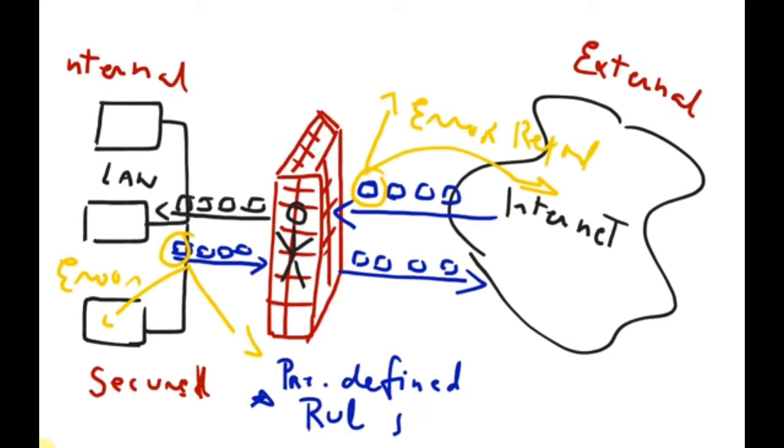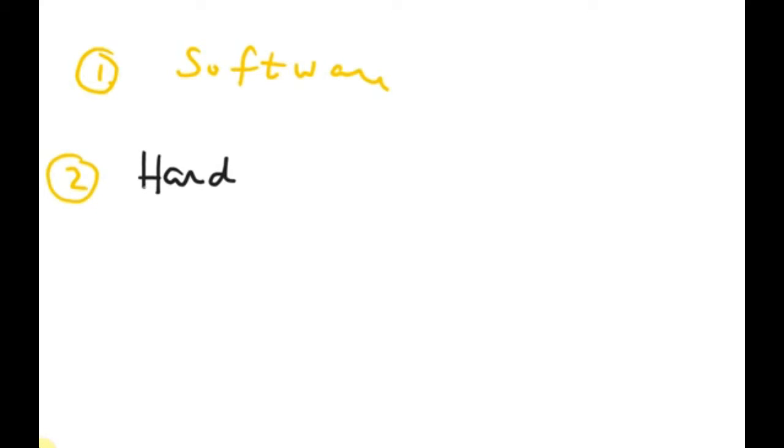So this is the function of a simple firewall, and as I have already told you, there can be two kinds of firewalls. One is software based firewalls, and the other one is hardware based firewalls. So in our homes, usually on our personal computers, we use software based firewalls.